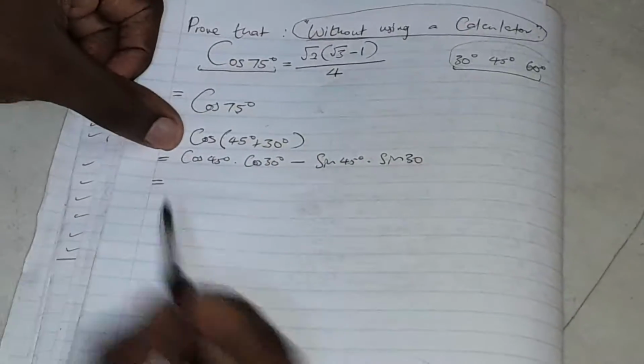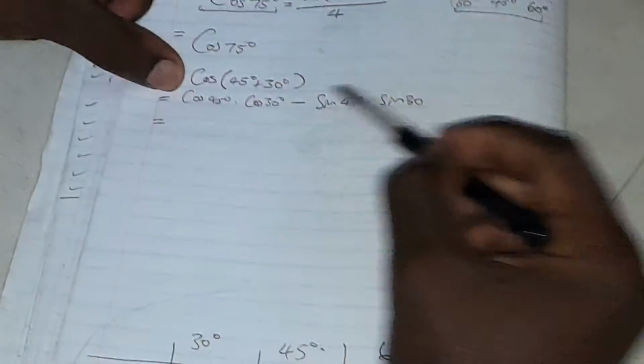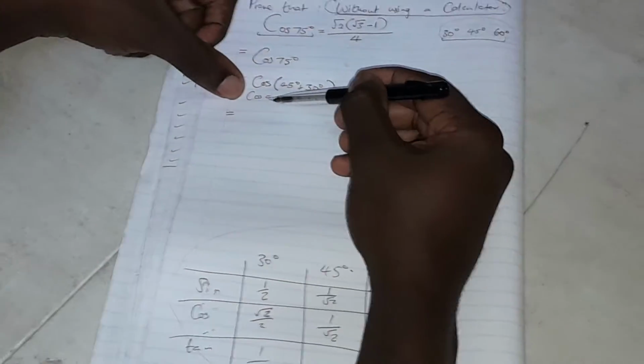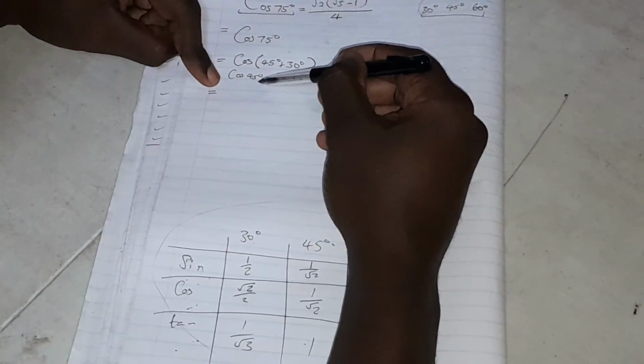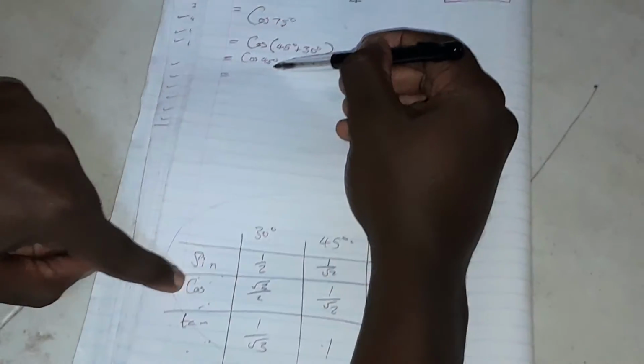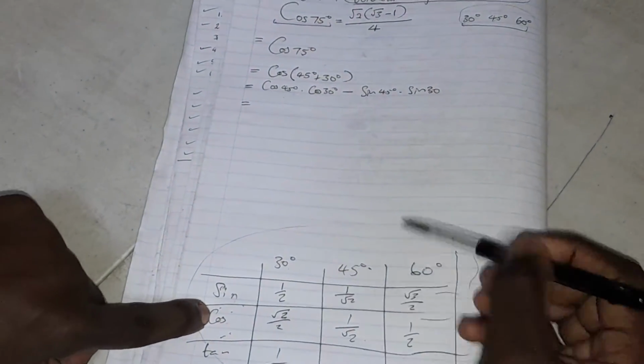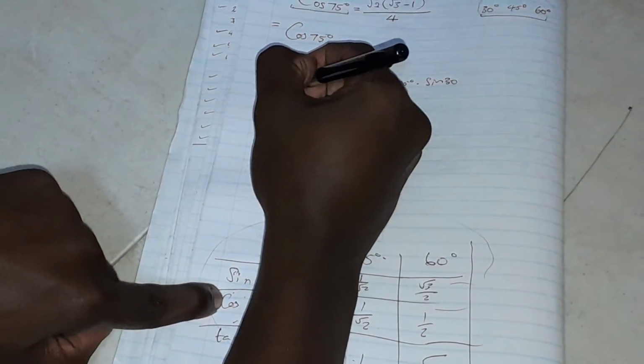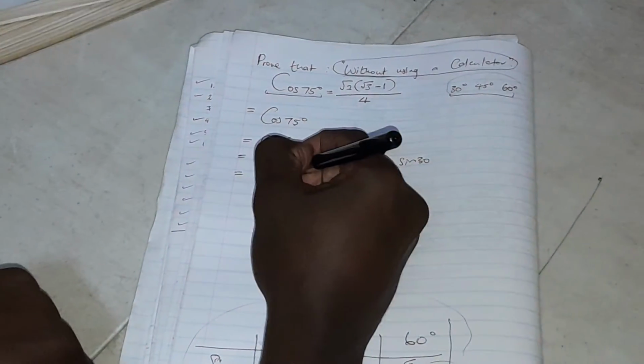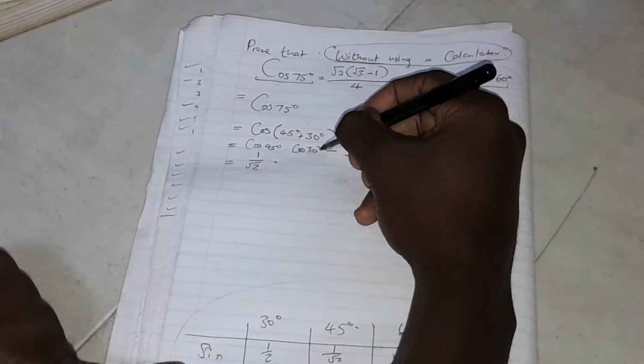Now that the problem is expanded, we are going to use this table by looking at each and every value of this expression. Now let us look at cos 45 degrees. We look at the cos, we go to cos 45 degrees, it gives us 1 over square root 2. We have 1 over square root 2 multiplied by cos 30.